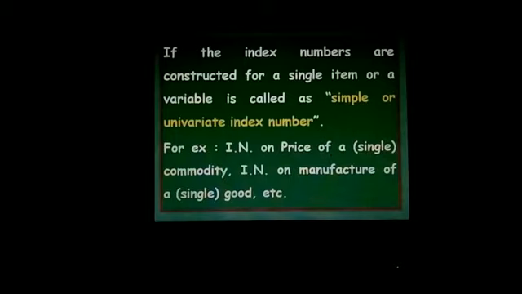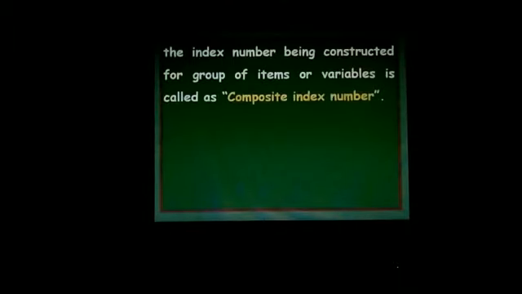Let us see what a composite index number will be. As you know already, here it has to be a group of related variables. So if the index number is being constructed for a group of items or variables, then it will be called a composite index number.